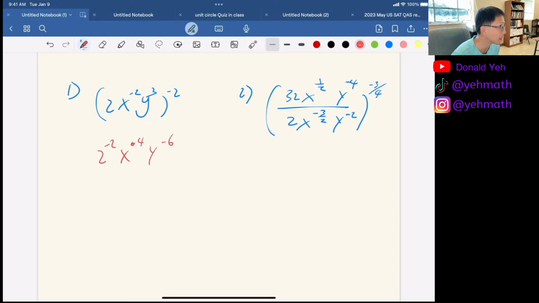And then what do I do next, Sarah? Not sure? Okay. Can you move the 2 down and the y down? Then it's 2 squared and y. Yep. And that's it. The answer is right here.